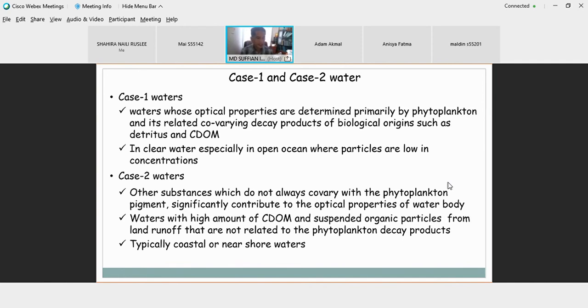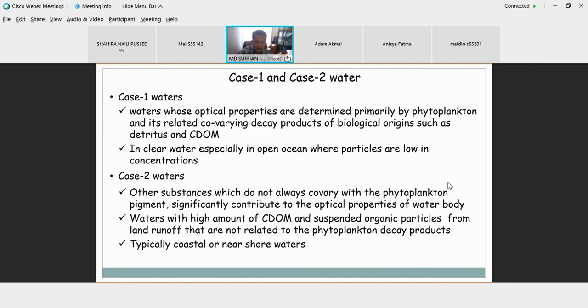So especially in the open ocean, most CDOM and detritus are from the degradation products of phytoplankton. Phytoplankton dah mati, dia akan jadi detritus dan juga CDOM. Itu yang kita namakan sebagai Case 1 water.